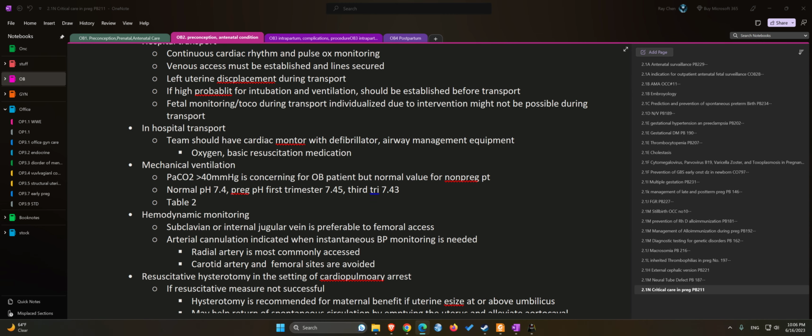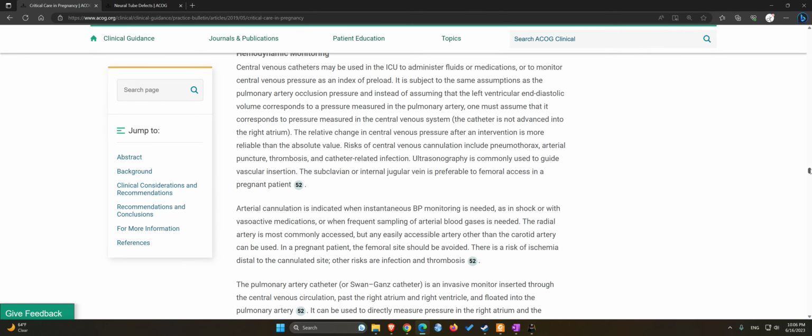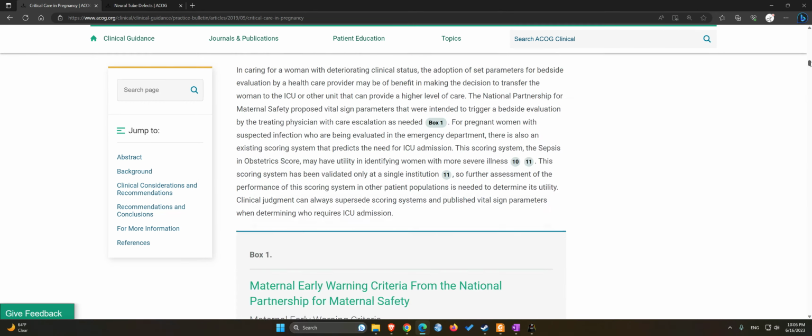So the pH in the non-pregnant woman is 7.4, first trimester 7.45, third trimester 7.43.